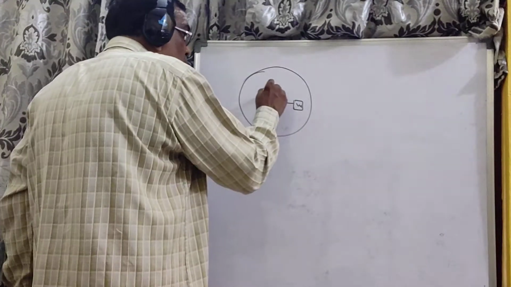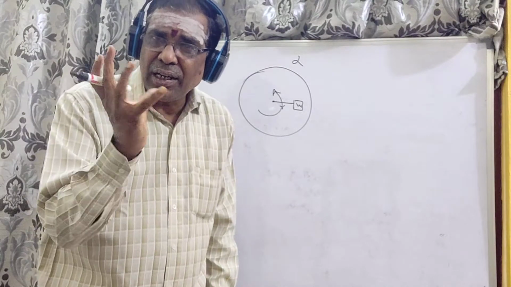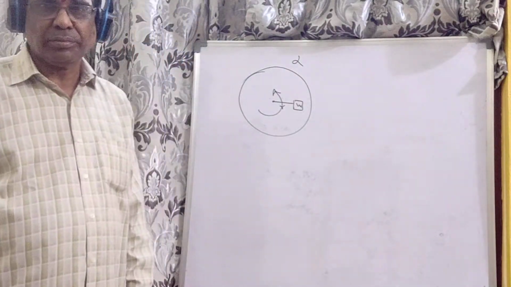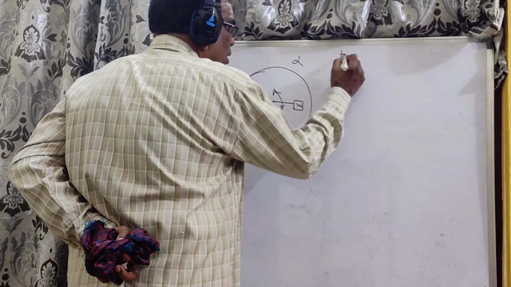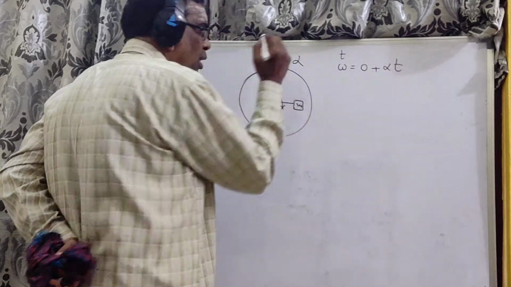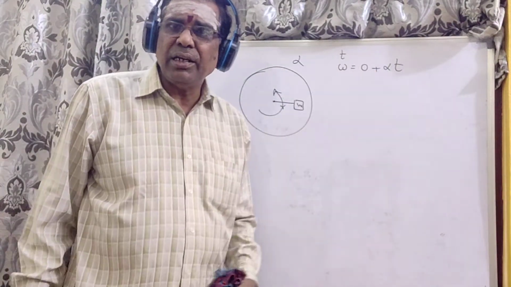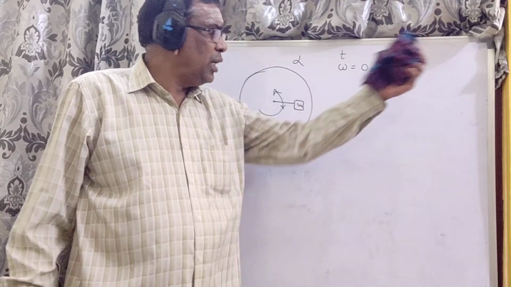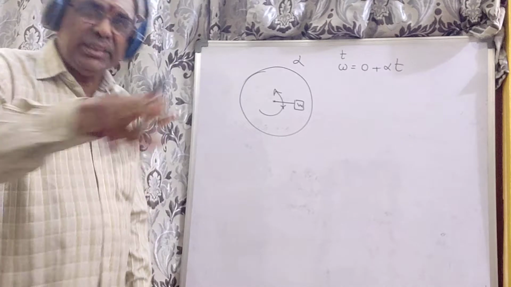I have now subjected this to angular acceleration alpha. So at time t, what is your omega? Because alpha is constant, omega is equal to initial angular velocity 0 plus alpha t.